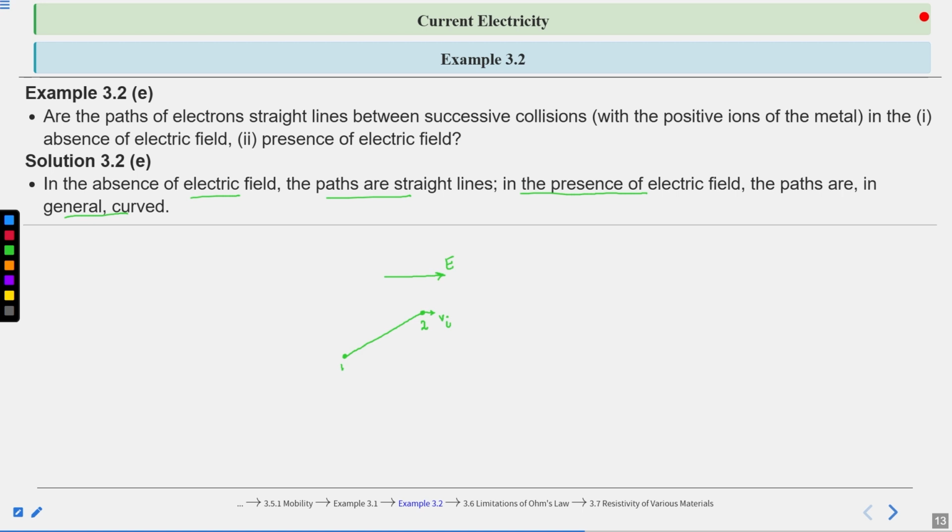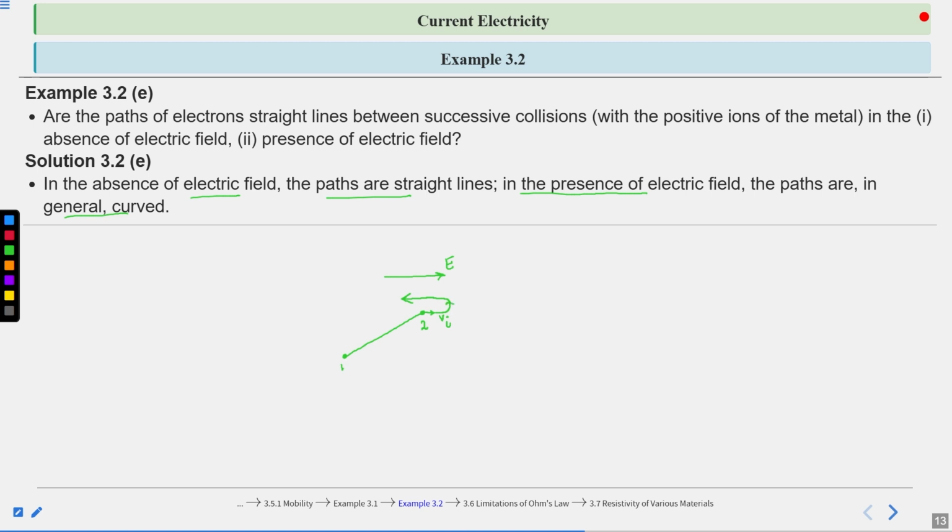So some time after collision, it will start experiencing a force in the direction opposite to this electric field. So this electron will now go like this. It will reverse its path and try to align in the direction opposite to the electric field. So this path is curved now.